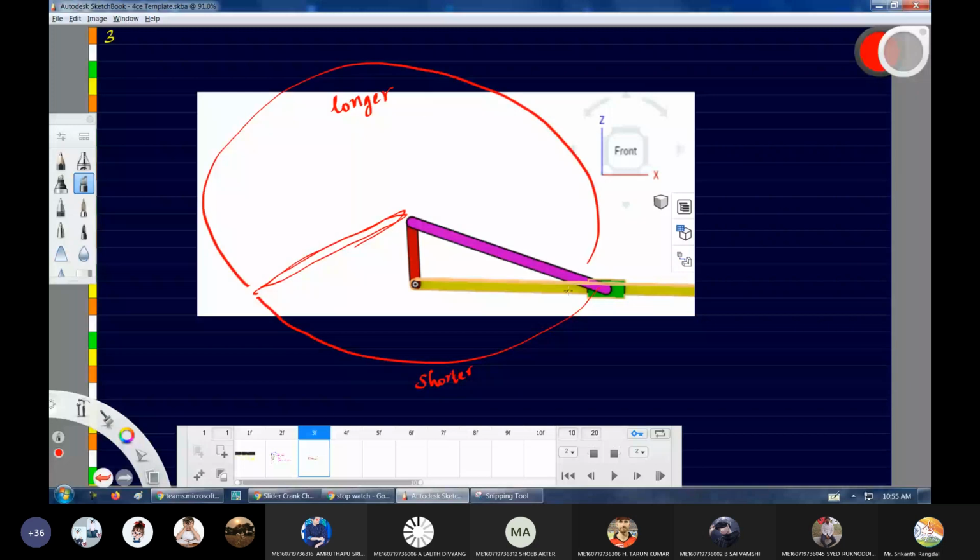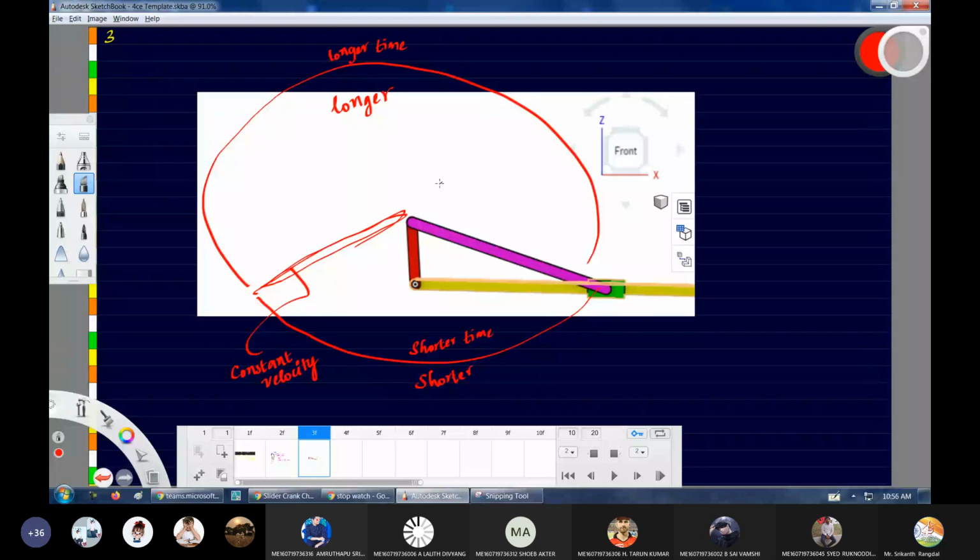But this link is moving at constant velocity, right? Because it is moving at constant velocity, to cover the lower angle it takes a shorter time, and for the upper one it takes a longer time.